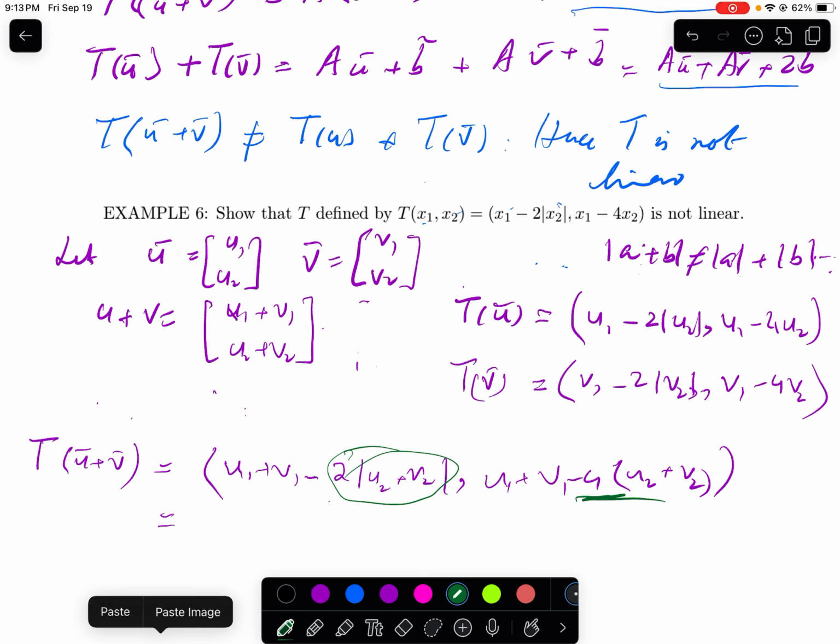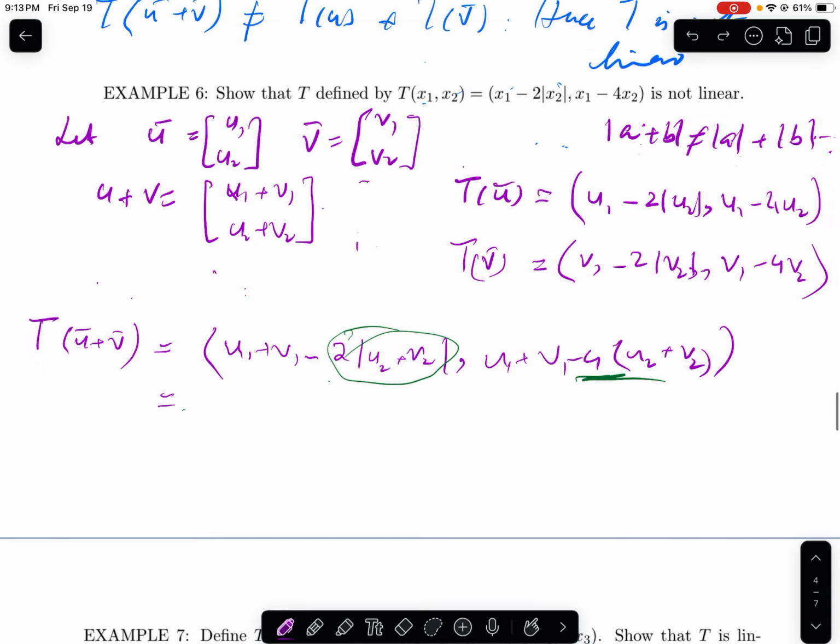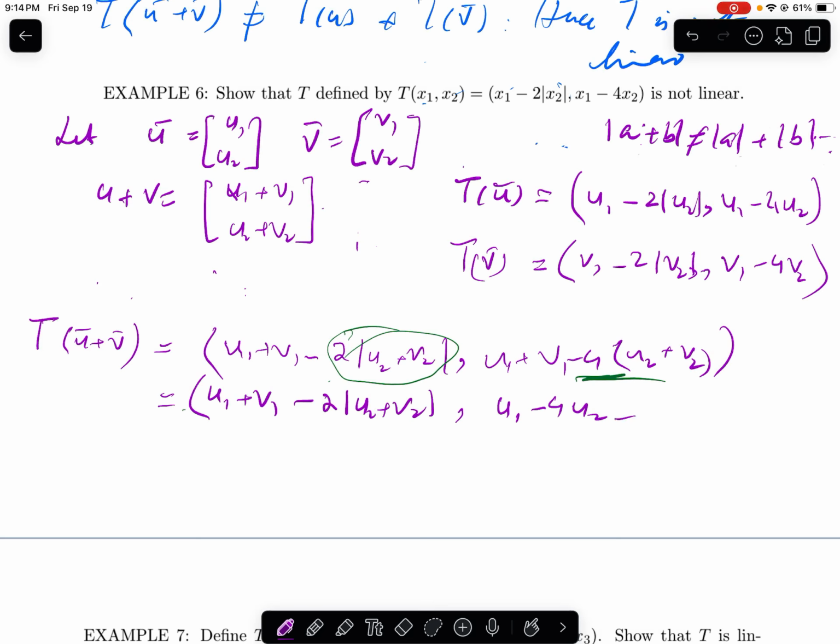So this is equal to u1 plus v1 minus 2 times the absolute value of u2 plus v2. I cannot split it, so it will remain as it is, comma. Now here I can write it as u1 minus 4u2 plus v1 minus 4v2.